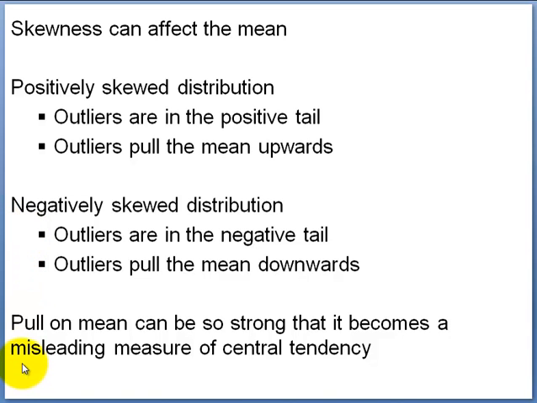What you want the mean to do is to convey to you the common and typical everyday middle value. If a distribution is sufficiently skewed, it can be so skewed that the mean becomes a misleading measure of central tendency.